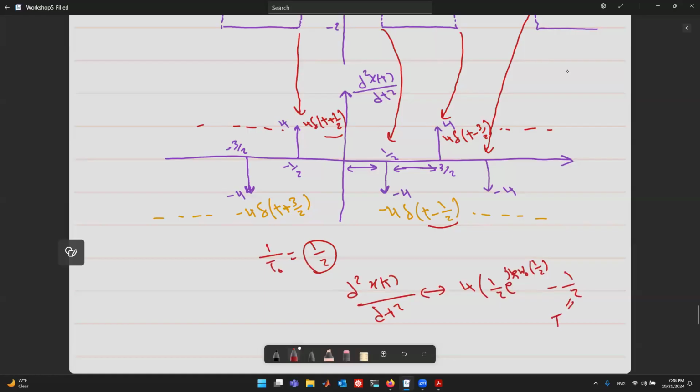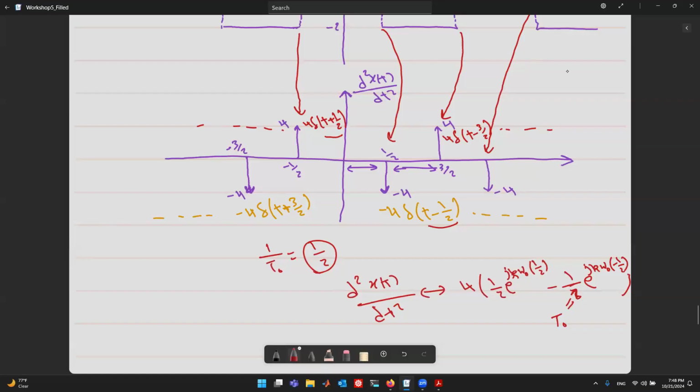Half is the T naught, sorry, the 2 is the T naught, and this will also be because the impulse is time shifted by -1/2. For the exponential, we multiply in the frequency domain by e to the j k omega naught times -1/2.